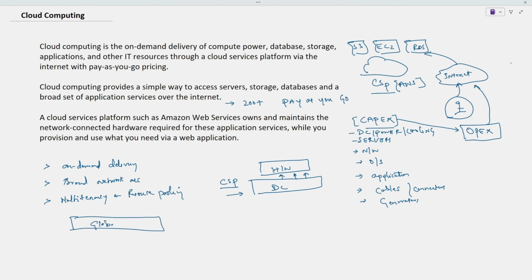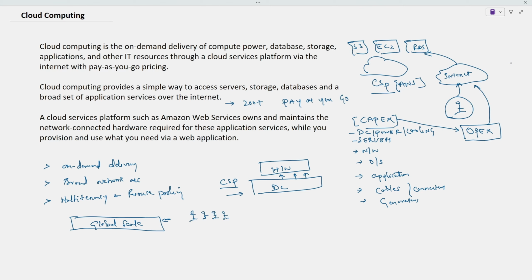These services will be offered across multiple regions, and they will be deploying massive hardware within each region, and they know that there will be multiple customers using this.